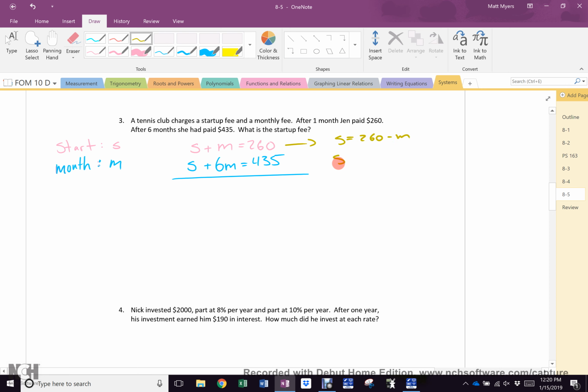Do you all agree that S equals 435 minus 6M? So then you must agree that 260 minus M equals 435 minus 6M, yes? And that is an offshoot of elimination. See what I did there? I eliminated S by making both of them equal S and then making them both equal each other.